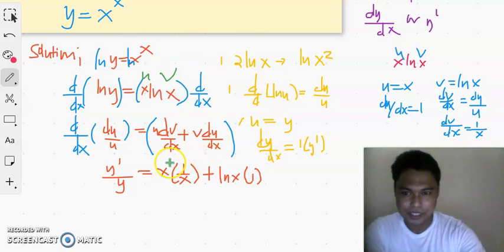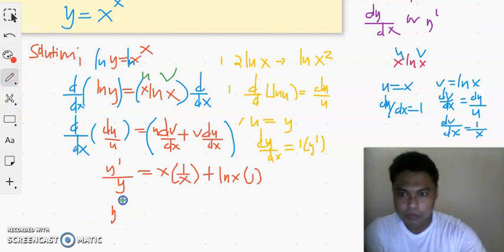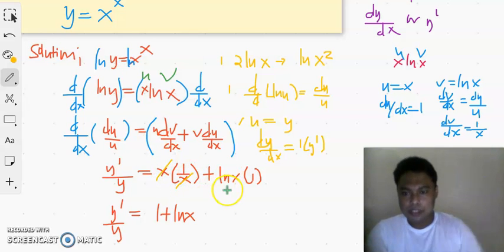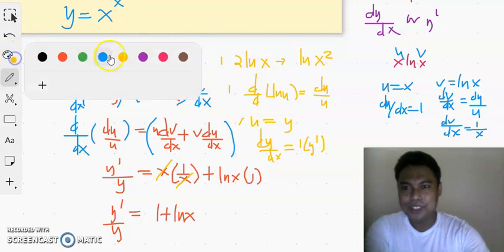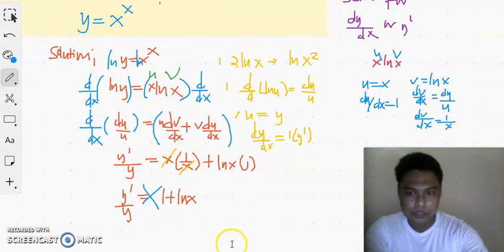So this will cancel. The remaining equation will be y prime over y equals 1 plus ln x. Then we're going to get the cross multiplication.